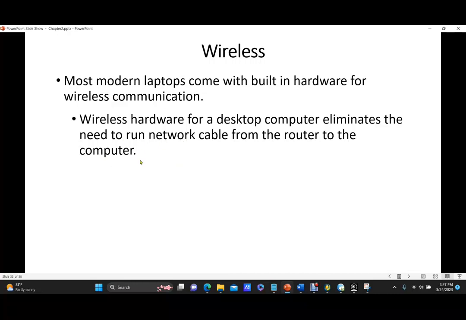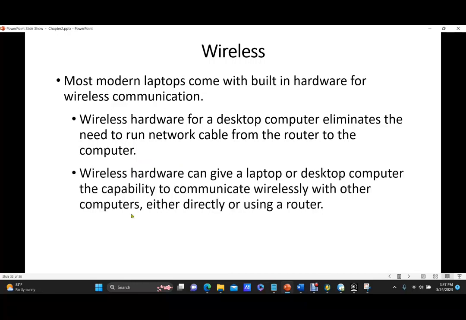Many of the desktops also have built-in wireless hardware. The wireless hardware can give your laptop or your desktop the capability of communicating wirelessly with other computers, either directly or through a router.